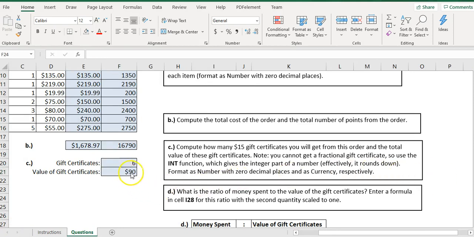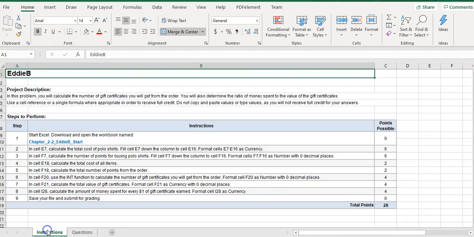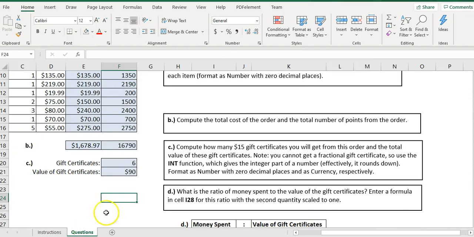Alright, so I've got the value of my gift certificates now, and I need to do my last step here. So let's look at what we've got. So we used the int function. We formatted as a number with no decimal places. Let's make sure. So we've got a number with no decimal places here.